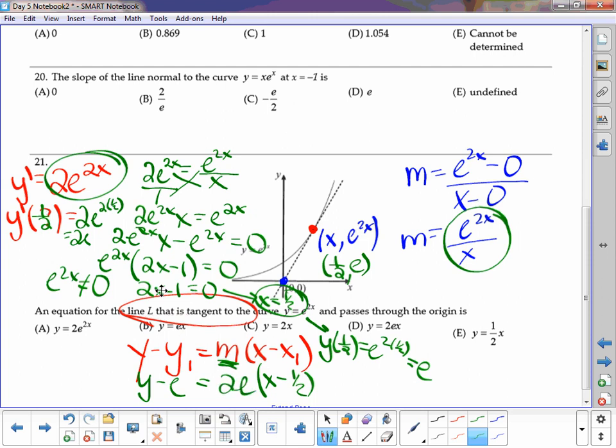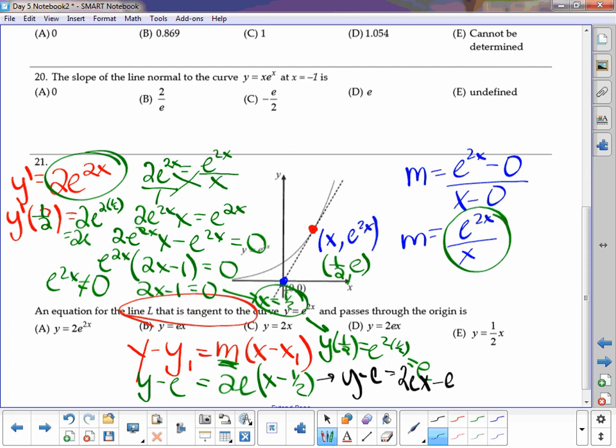Alright, now our answer choices are not in that point slope form. So if I were to go ahead and distribute, I have y minus e equals 2e times x minus 1/2. Negative 1/2 times 2e would be negative e.